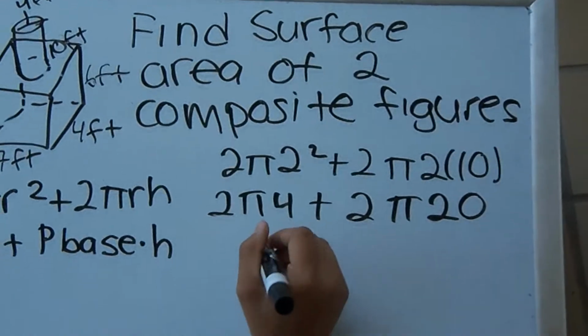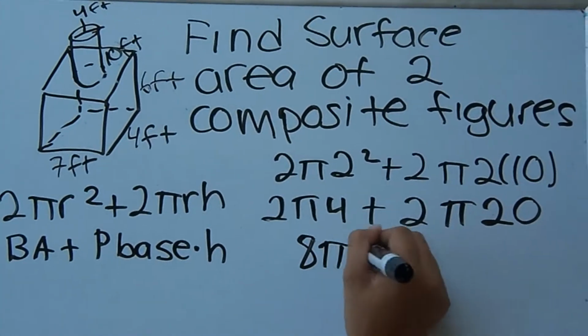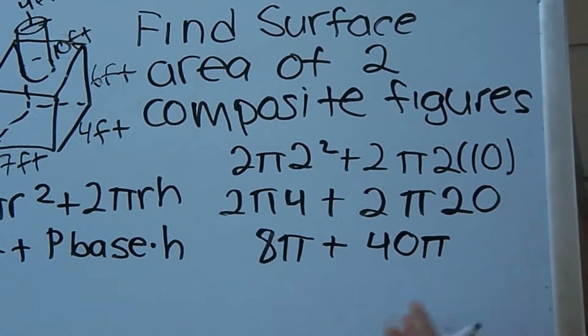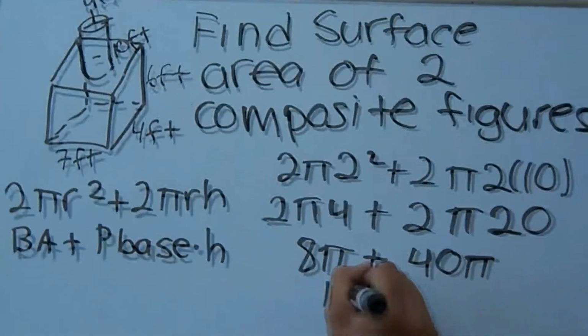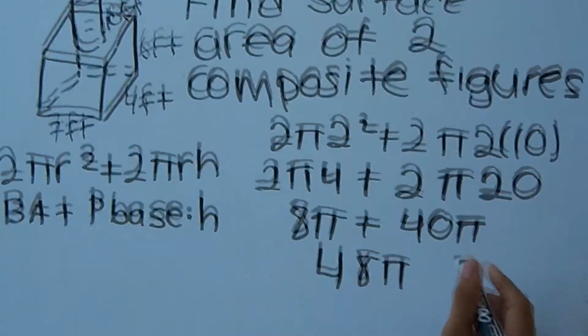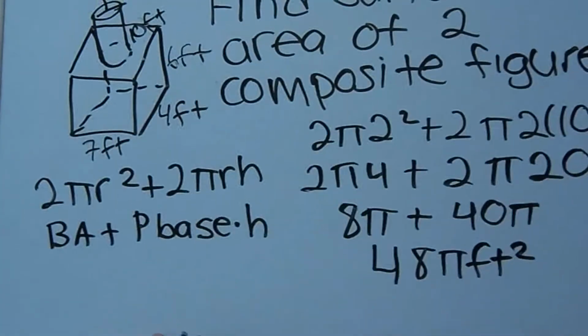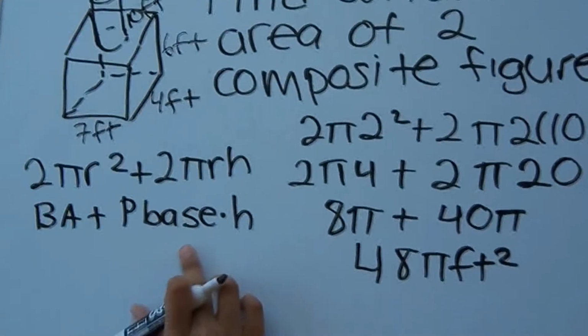There you just multiply these two together, which you get 8 pi plus 40 pi, and then from there you would add these two together, which would be 48 pi feet squared.